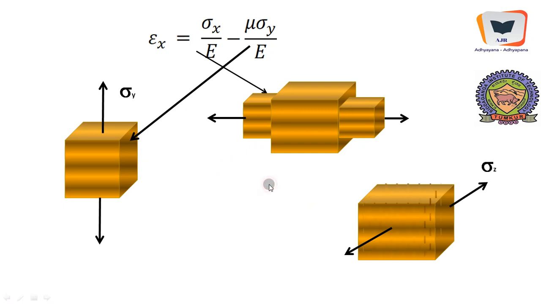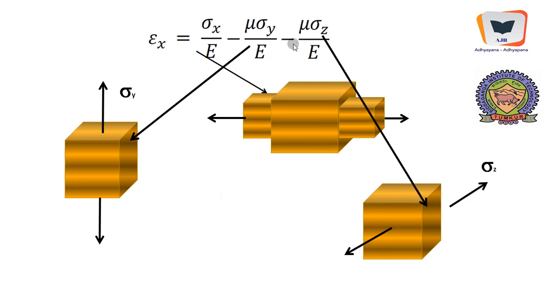And a similar thing will happen to sigma z also. Due to sigma z, which is a tensile stress, the dimensions along x will be reduced, and that is equal to minus mu sigma z divided by E. We can hold the same argument and extend it to develop an expression for net strain along y, which is something like this.